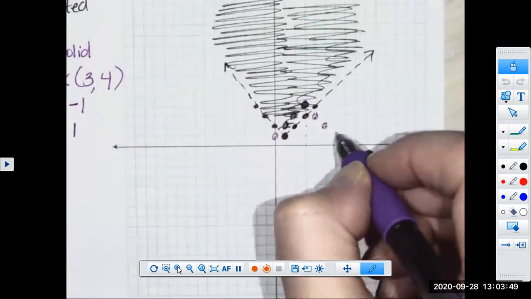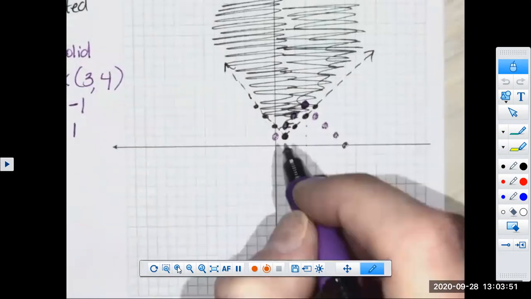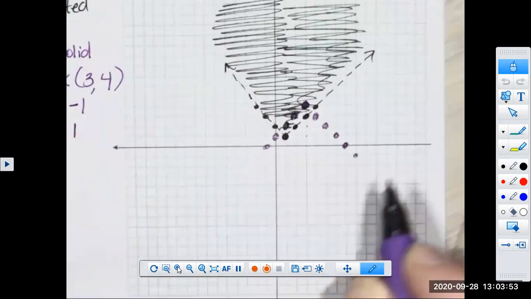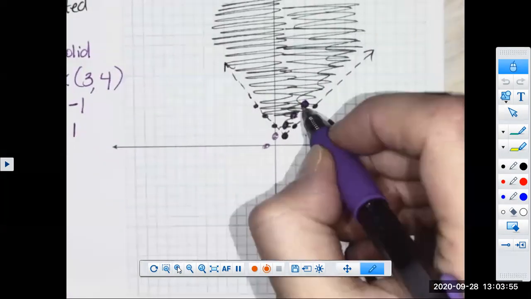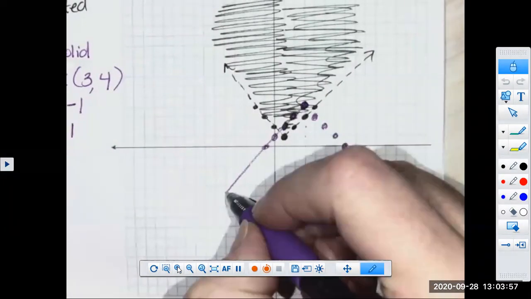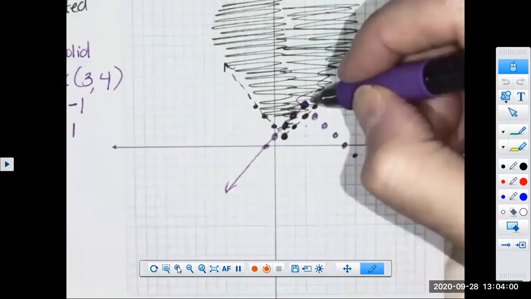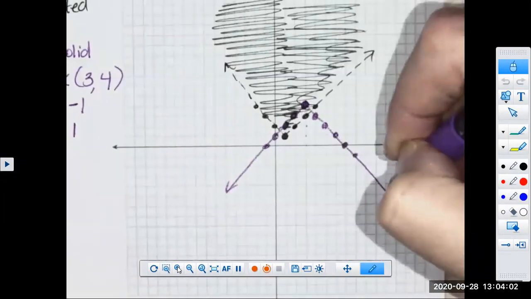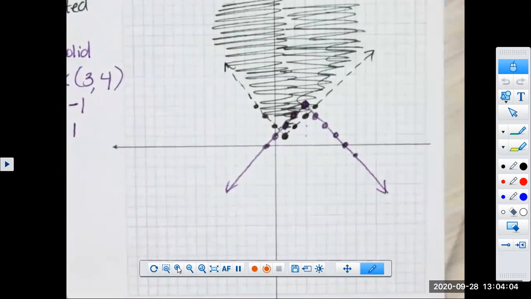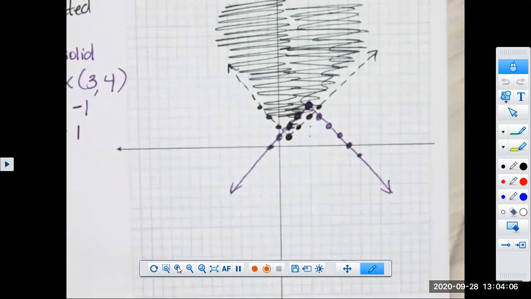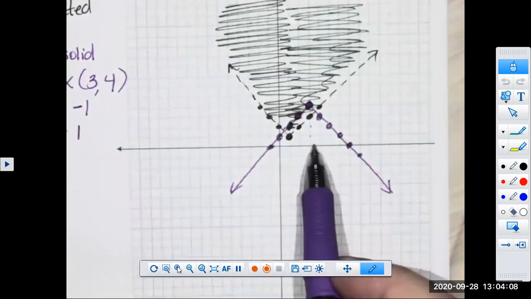These lines should be what? Solid. Is that right? 3, 1, 2, 3, 4.